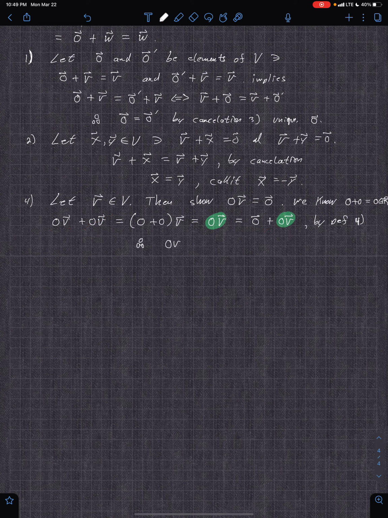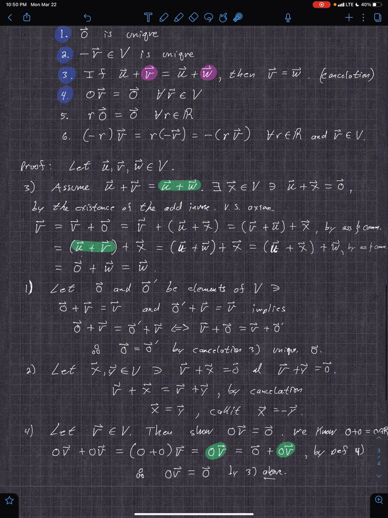Therefore, 0 times any vector is equal to the 0 vector by 3 above. And that basically shows why 0 times anything is 0 for any vector space, which includes the real numbers, which I think is kind of cool.